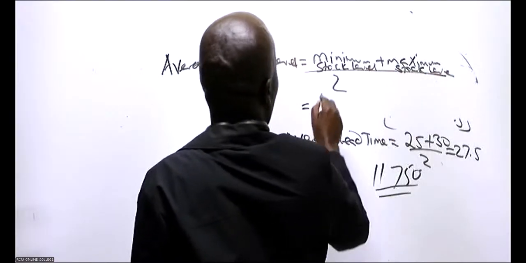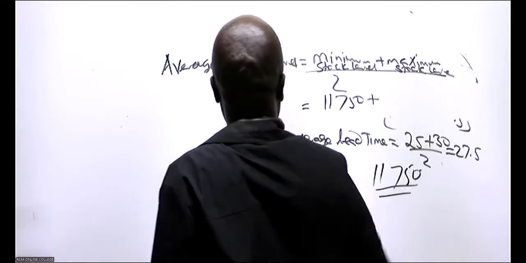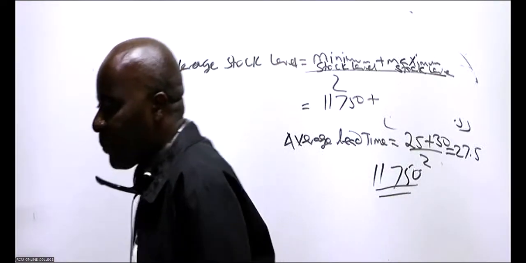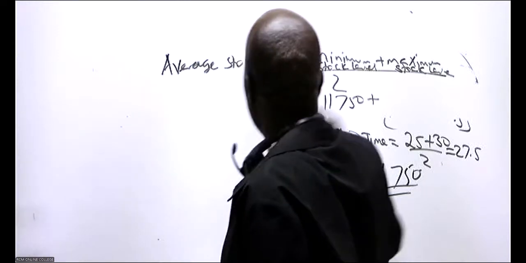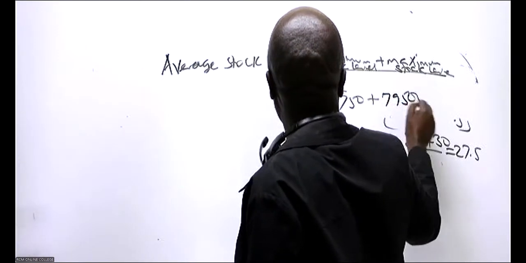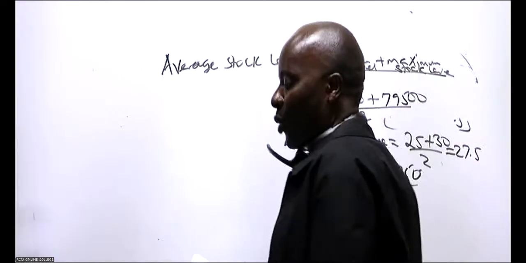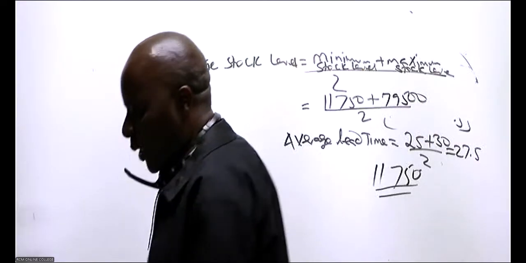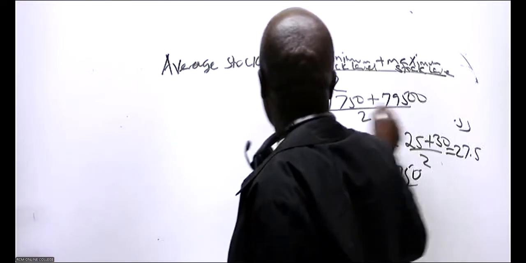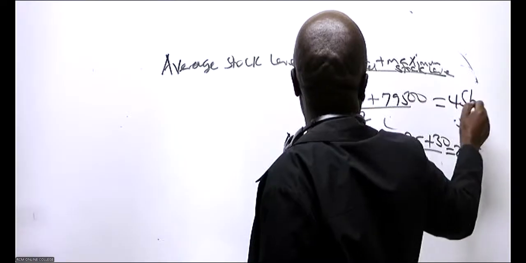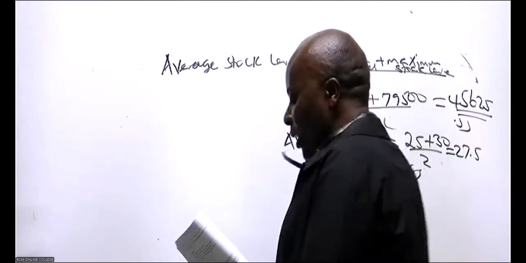The minimum stock level I can see is 11,750. What was the maximum stock level? 79,500. Whatever total we get, we divide this by 2, which gives us 45,625 units.